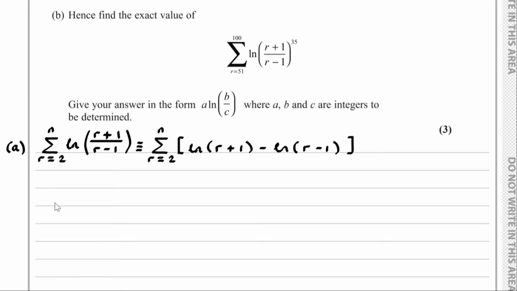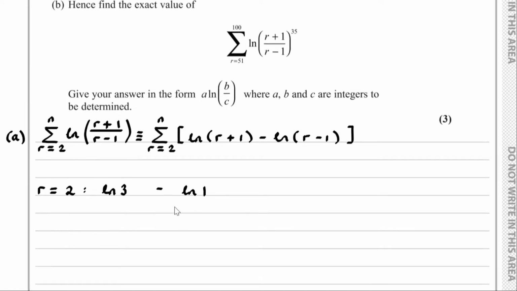And now, if we were to use the method of differences, we substitute in values from r equals 2 up to r equals n and see what cancels out. So when r equals 2, we have the natural log of 2 plus 1, so that's the natural log of 3, subtract the natural log of 2 minus 1, which is just 1.